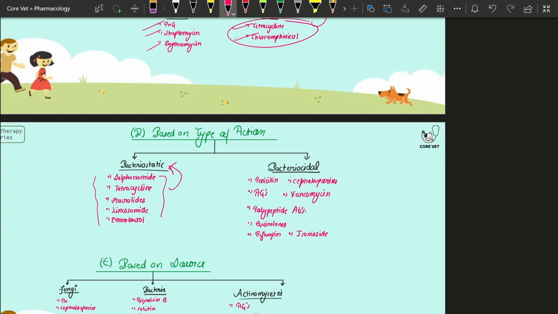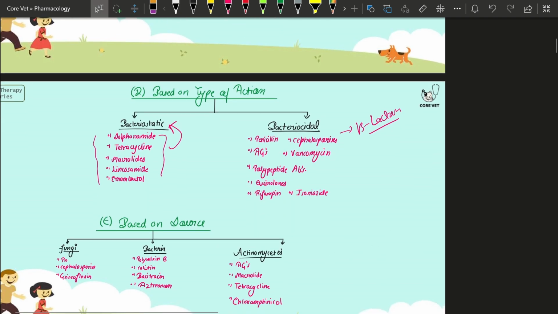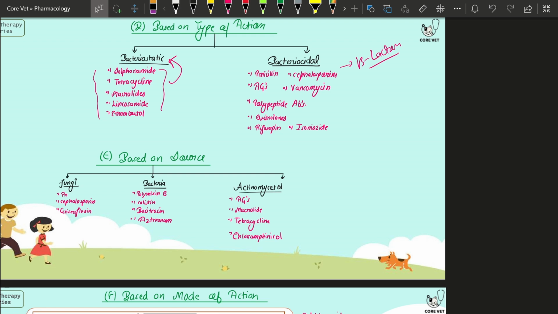There are many more drugs that are bacteriostatic. These are just a few examples that I mentioned over here. If we talk about the bactericidal, you can write down the beta-lactams directly. The cephalosporins and the penicillins, you can directly write down as beta-lactams. The aminoglycosides, the polypeptide antibiotics, vancomycin, the quinolones, rifampicin, isoniazid, all these are examples of the bactericidal, right?